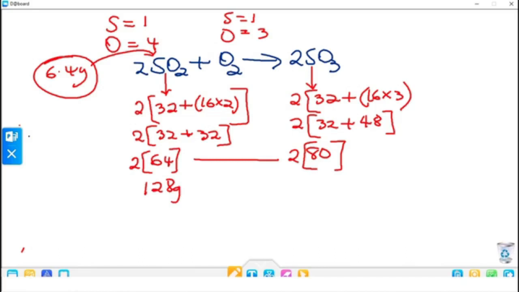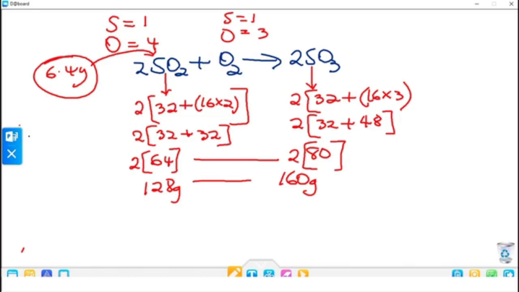Again, 2 times 80 is 160 grams. So what it simply implies, from the equation, is that 128 grams of SO2 produces 160 grams of SO3.